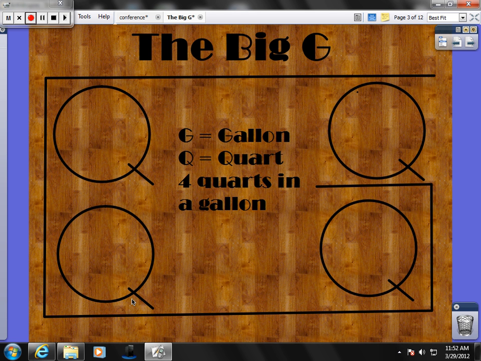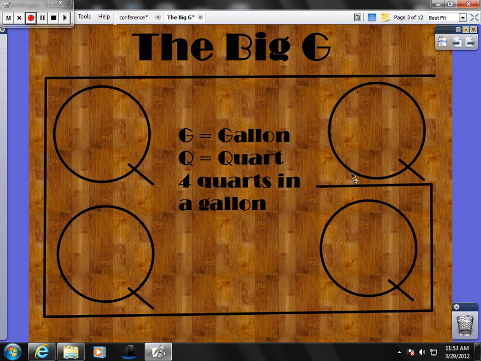So here's what this represents then. Each of these Q's is one of our quarts. So inside 1 gallon, that's the letter G, there are 4 quarts. G equals gallon, Q equals quarts. There are 4 quarts in a gallon. It's the same thing as tapping on the quart icon 4 times and filling up that container.